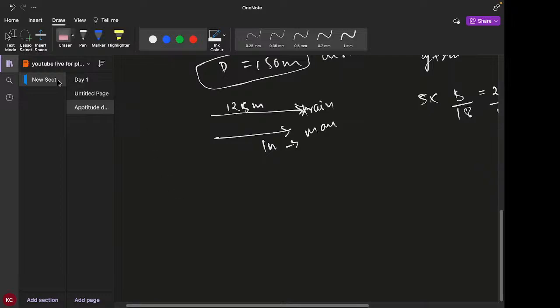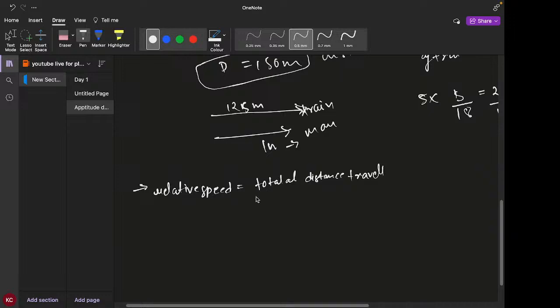So we have to check relative speed. Relative speed is equal to total distance travelled by train upon time.